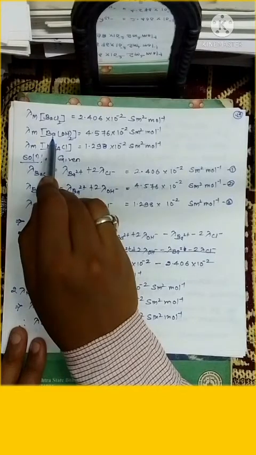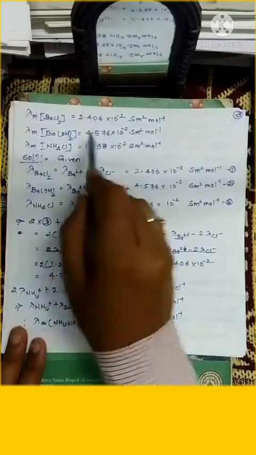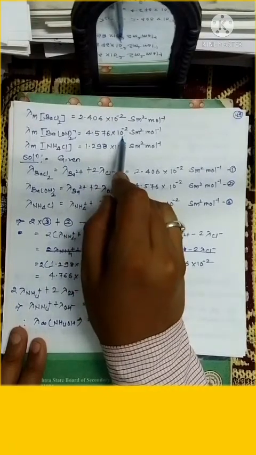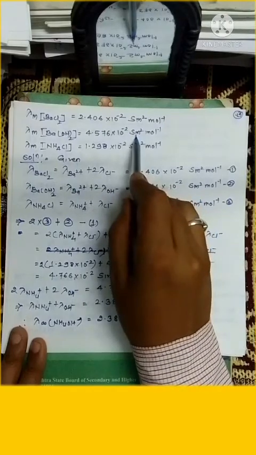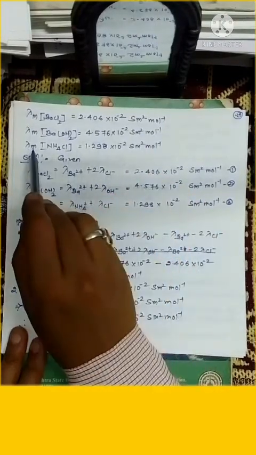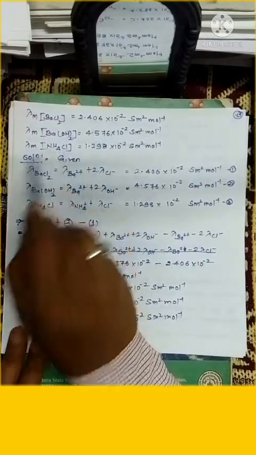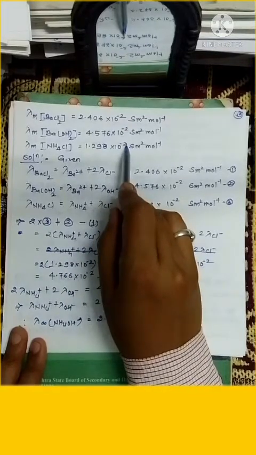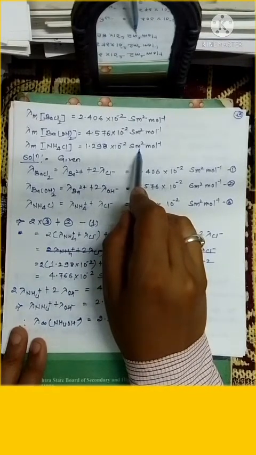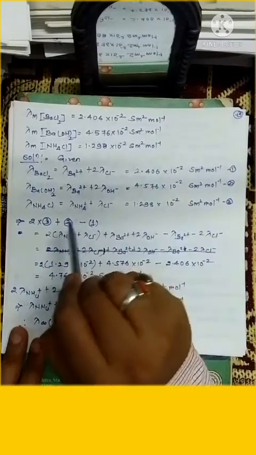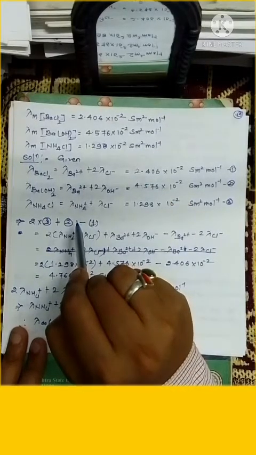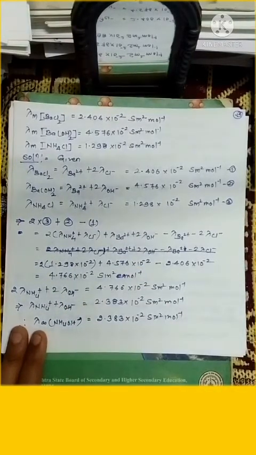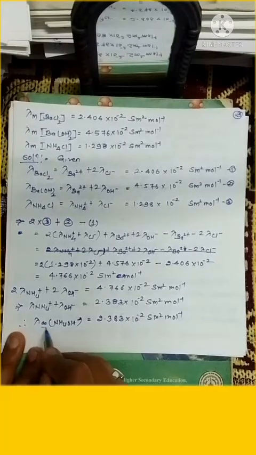Molar conductance for barium hydroxide is equal to 4.576 multiplied by 10 raised to the power minus 2 Siemens meter square per mole. Molar conductance for ammonium chloride is equal to 1.298 multiplied by 10 raised to the power minus 2 Siemens meter square per mole. And we have to calculate molar conductance for ammonium hydroxide at infinite dilution.